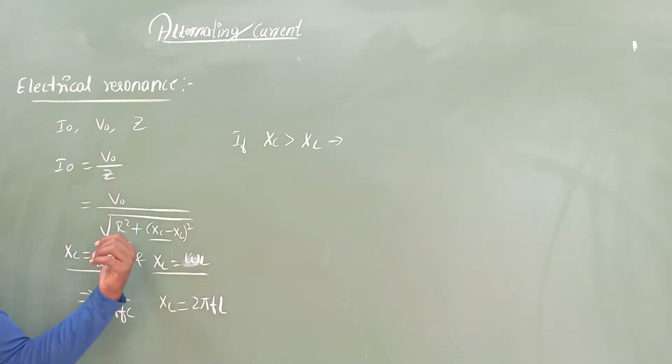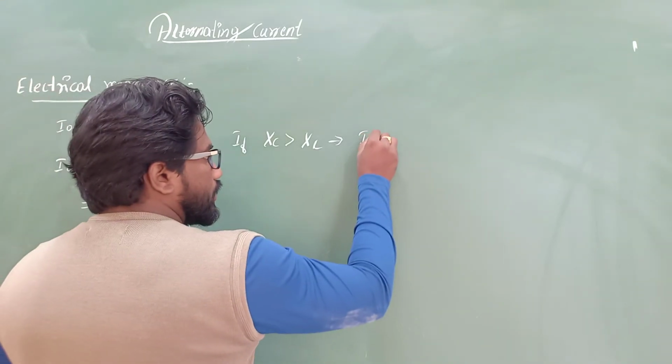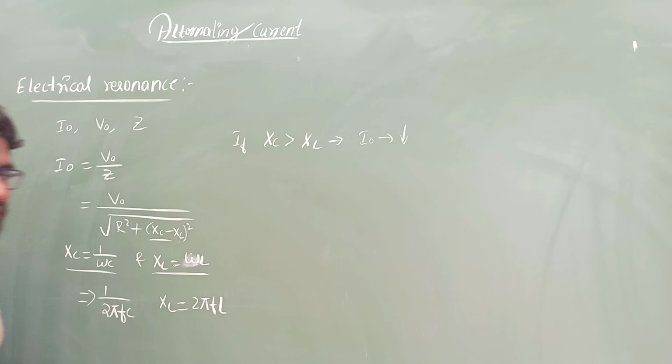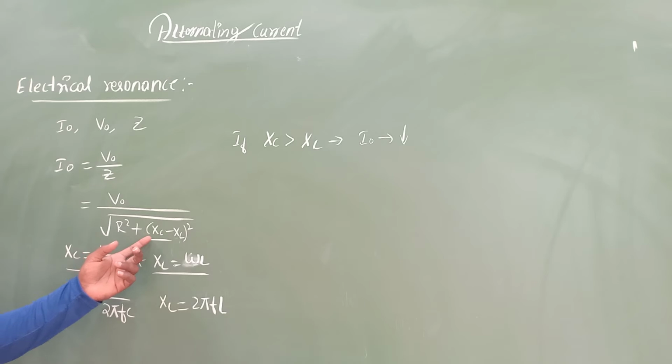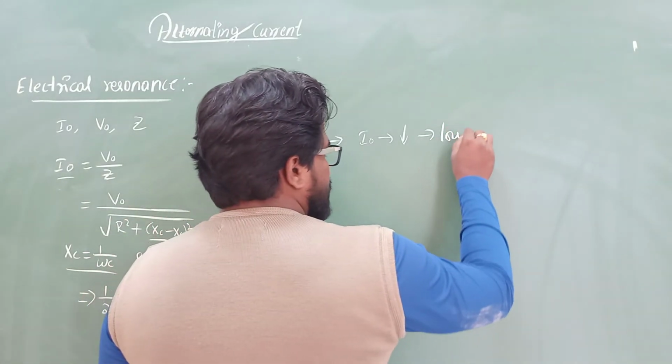So V0 divided by that highest value, the current I0 goes on decreasing. Generally we can say this is for low frequency ranges, where the frequency is less.